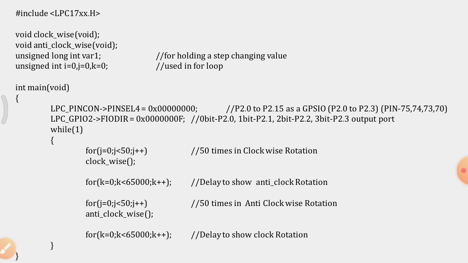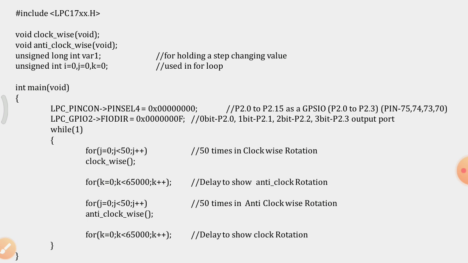But out of these, we are going to use only 4 ports: P2.0, P2.1, P2.2 and P2.3. Basically, these ports are placed on pins 75, 74, 73 and 70. P2.3 is on 70, P2.0 is on pin number 75 of LPC1768.